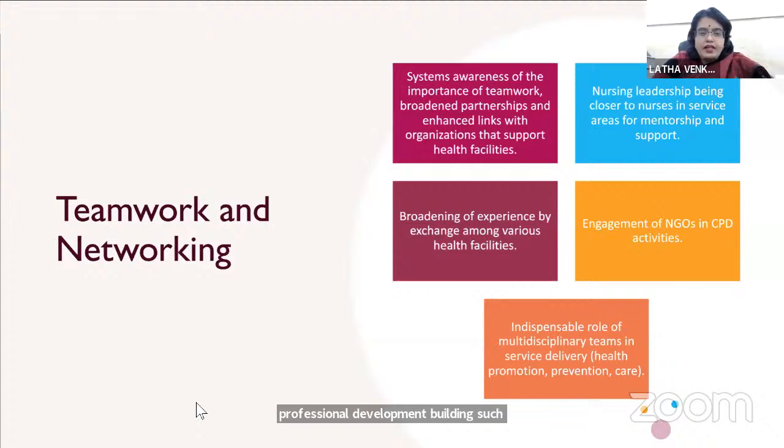And teamwork and networking is also essential. Systems awareness of the importance of teamwork, broadened partnerships, and enhanced links with organizations that support health facilities needs to be explored. And nursing leadership being closer to nurses in service areas for mentorship and support.